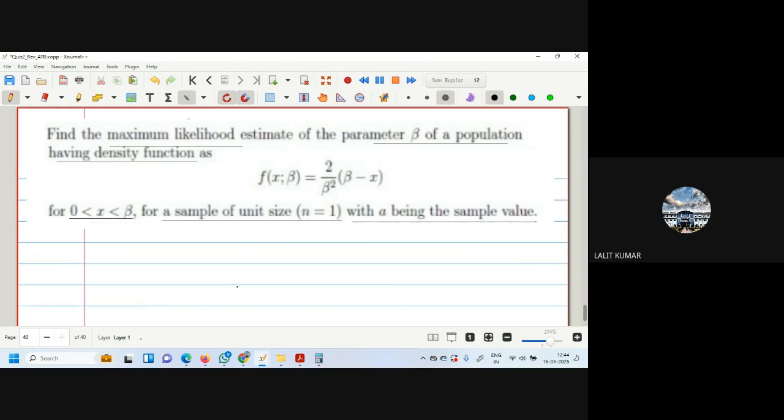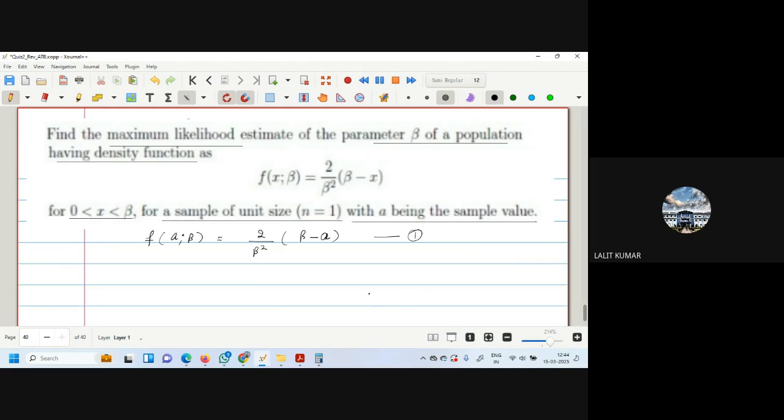So if a is the sample value, this will become f(a, beta) = 2/beta square (beta minus a). This is the first one.